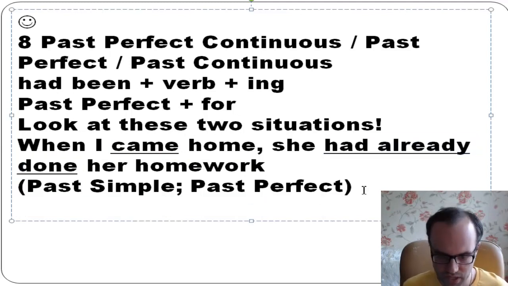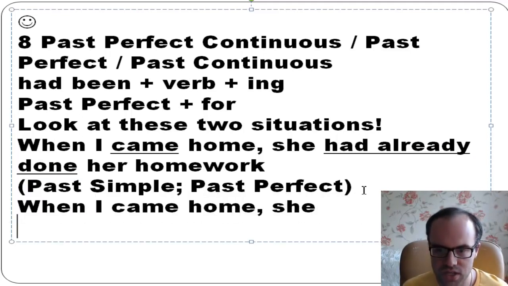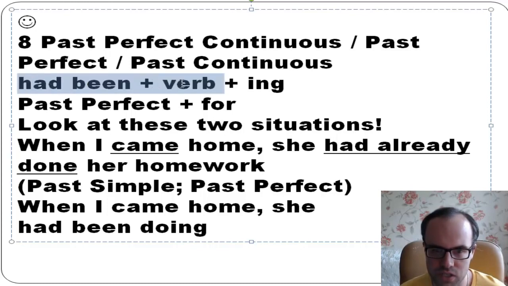And please look at the second situation. When I came home, she had been doing her homework for 2 hours. So you see that past perfect continuous is had been plus verb plus ing.